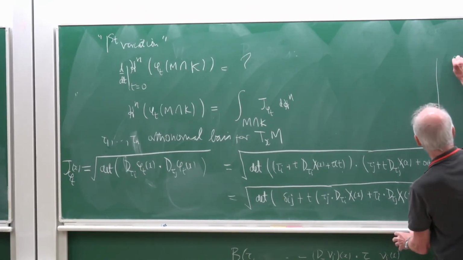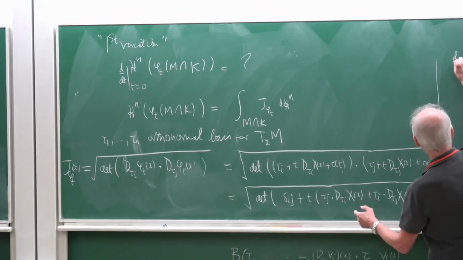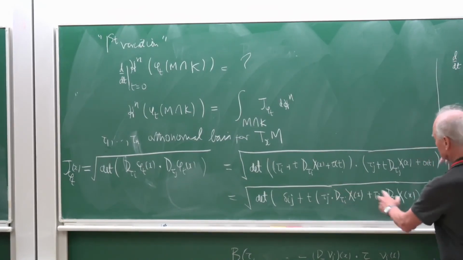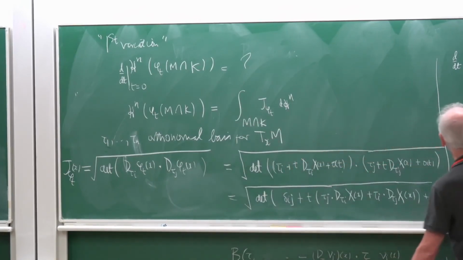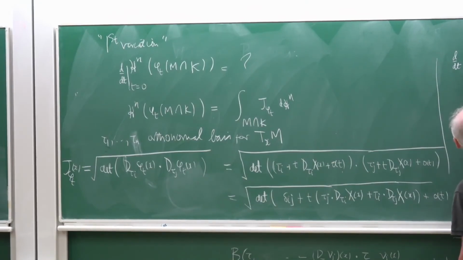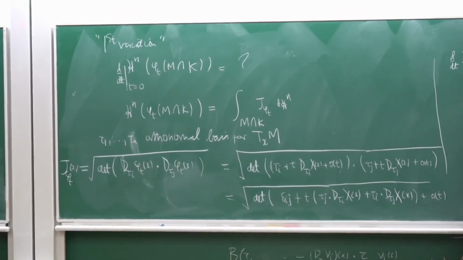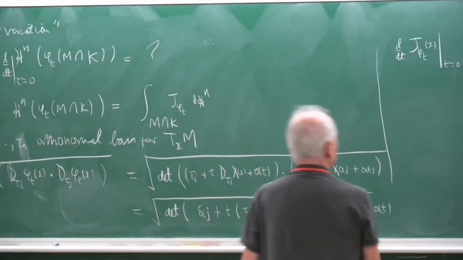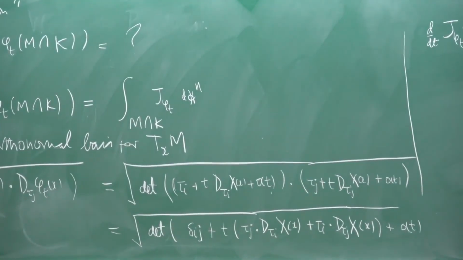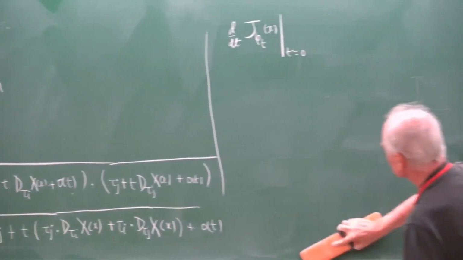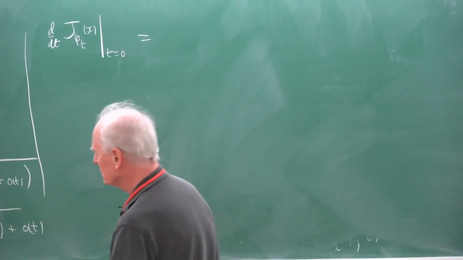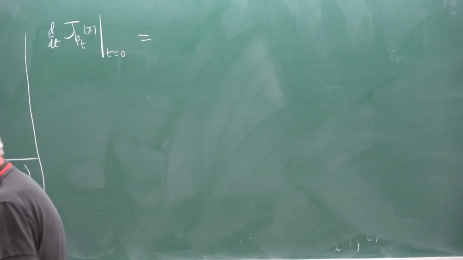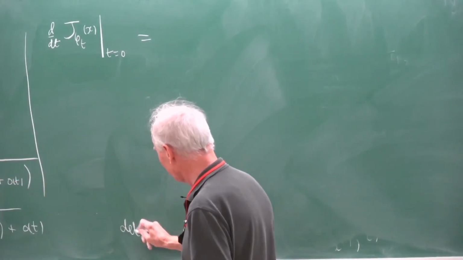So we get the d/dt of, so that's what J phi is, but remember we want to differentiate that, so I need to work out the derivative of J phi_t at x at t equal to 0. Okay, so let's do that. That's equal to, now you've got to brush up on the linear algebra a bit here.